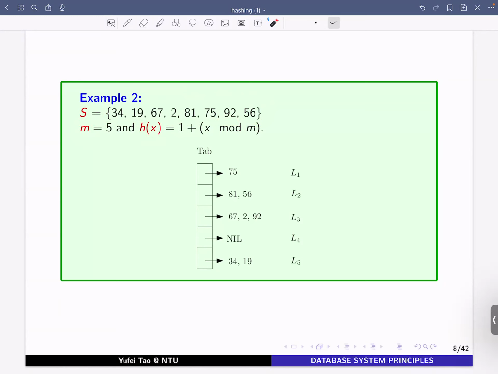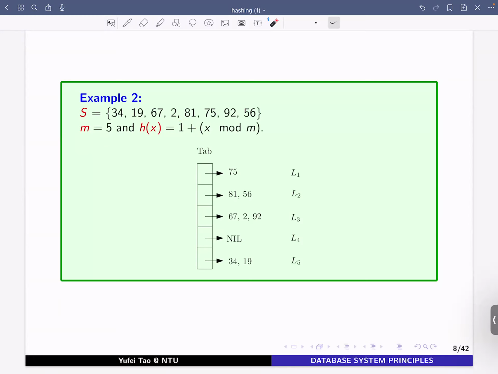The modulo operator basically says you want to do integer division, for example x divided by 5, but you want to get the remainder. The remainder goes from 0 to 4. If you also add 1 to it, you get a hash value from 1 to 5, and this is exactly what we promised, because we said the hash value will have to go from 1 to 5.